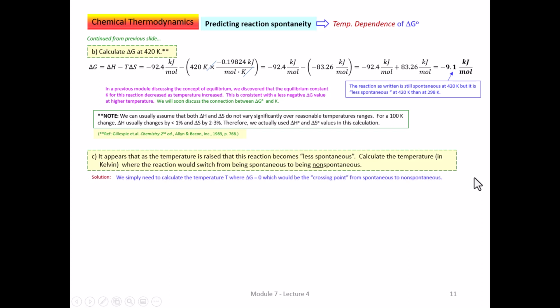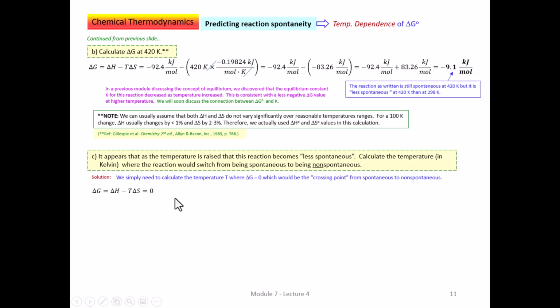So we're going to calculate the temperature at which delta G goes to 0. Remember, it was minus 33 at 298. We raised the temperature to 420, it's less negative, it's minus 9.1. So we're asking what temperature would we need to get delta G equal to 0, which would be the crossing point from a negative delta G to a positive delta G.